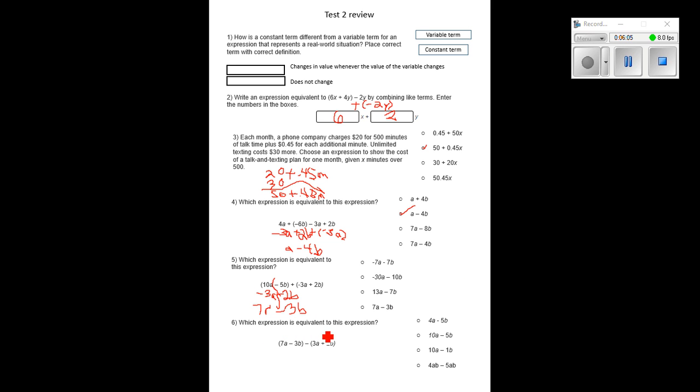Which expression is equivalent to this expression? Well, this time we're subtracting. And remember, when we're subtracting, we've got to turn it to positive before we're allowed to combine. So I'm going to multiply this negative to everything inside of the parentheses over here. The negative times 3a becomes negative 3a. And the negative times positive 2b will be negative 2b.